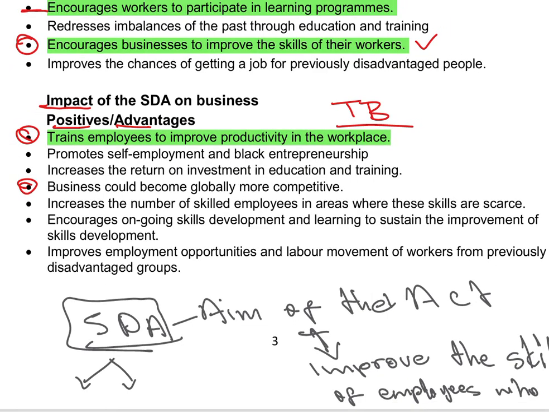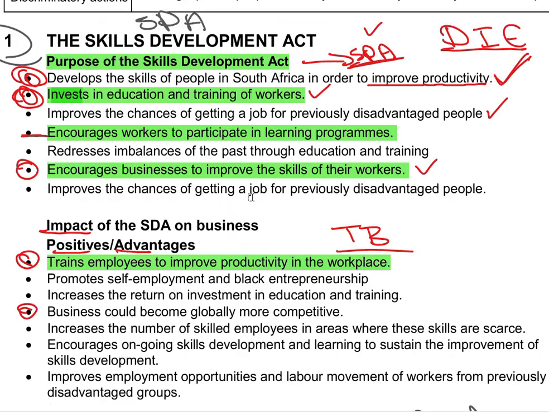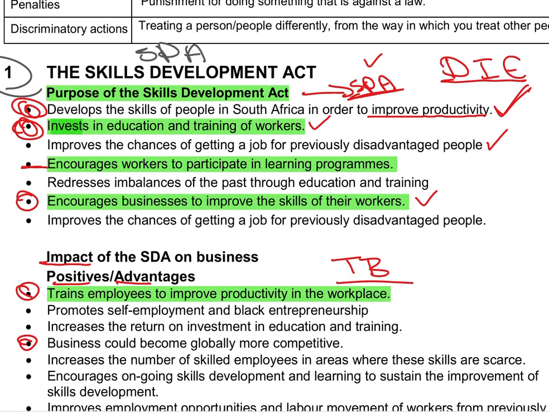Good evening, sir. I was asking if sir can please repeat the DIE. Okay, the DIE. All right. When we are talking about DIE, these are the mnemonics, a study tip that will assist you to remember.